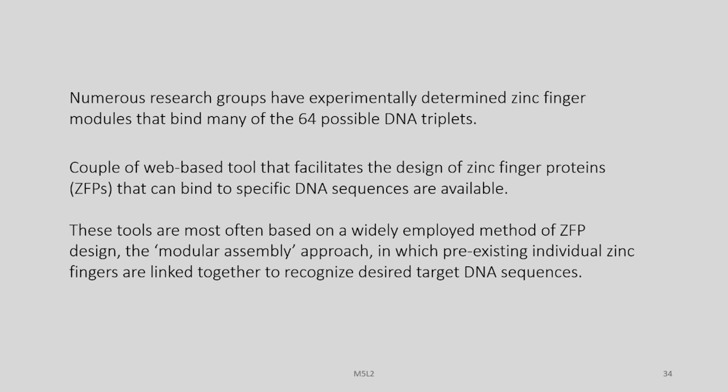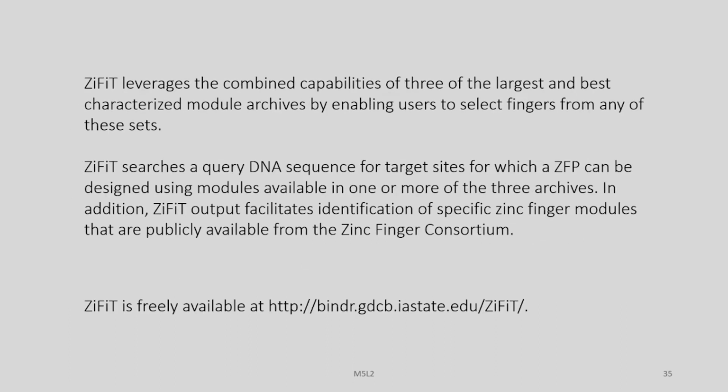A couple of web based tools that facilitate the design of zinc finger proteins that can bind to specific DNA sequences are also available. These tools are most often based on a widely employed method of ZFP design, the modular assembly approach, in which pre-existing individual zinc fingers are linked together to recognize desired target DNA sequences.